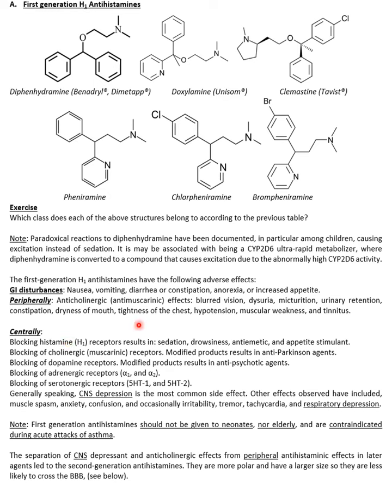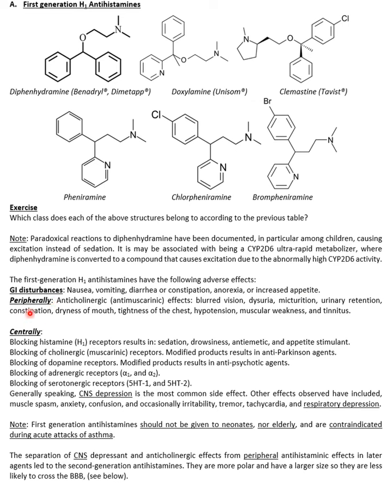The other thing I want to mention about the first generation H1 antihistamines is their adverse effects. They have GI disturbances, such as nausea, vomiting, diarrhea, constipation, anorexia, or increased appetite.